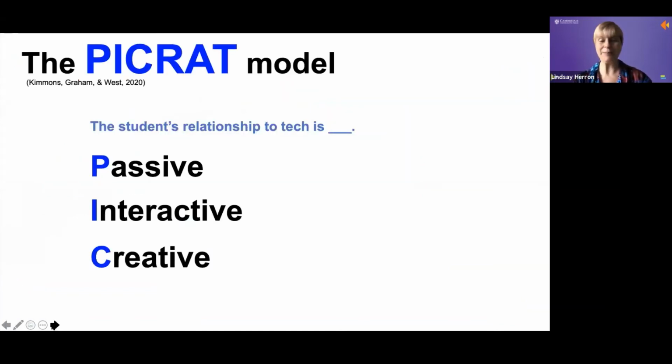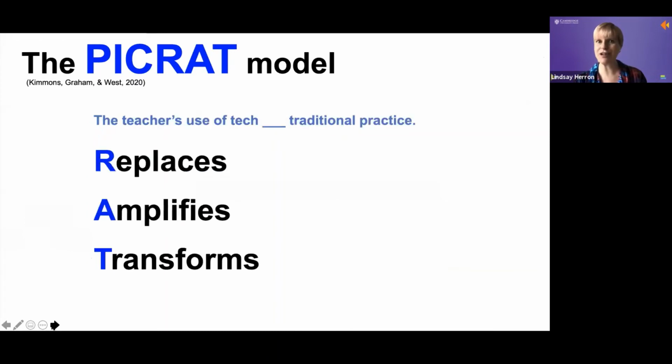I'm running out of time, so I'm just going to briefly say a good way to judge whether you should go digital or analog is: what does technology add to the project that an analog version cannot provide? So think about the student's relationship to the technology. Is it going to be passive, interactive, or creative? And how about the technology itself?